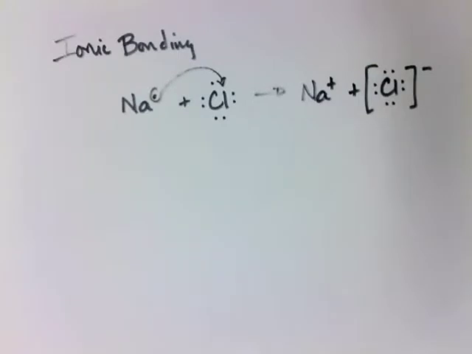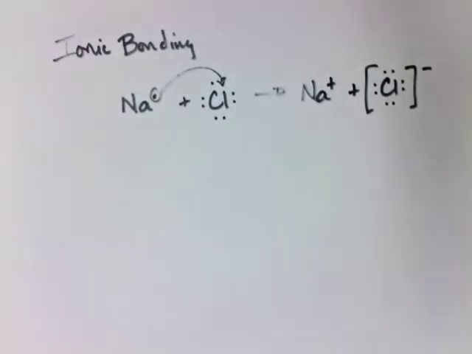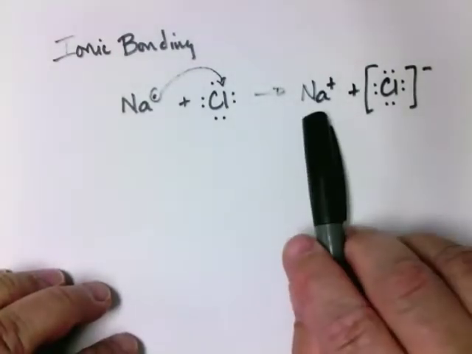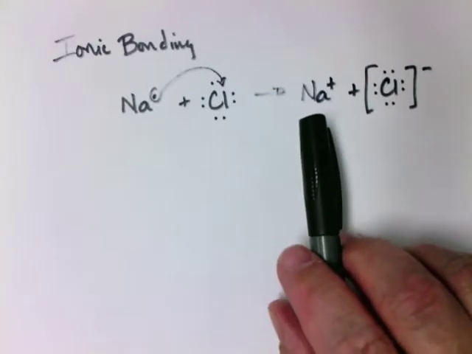Now, we talked briefly about how full subshells, full energy levels, provide greater stability, lower potential energy to the ions. And so this sodium, having lost its single electron from the third energy level, is now actually slightly more stable.